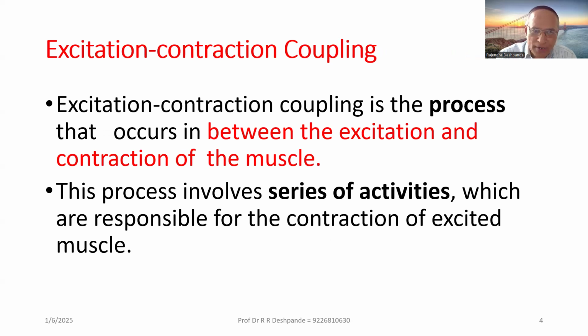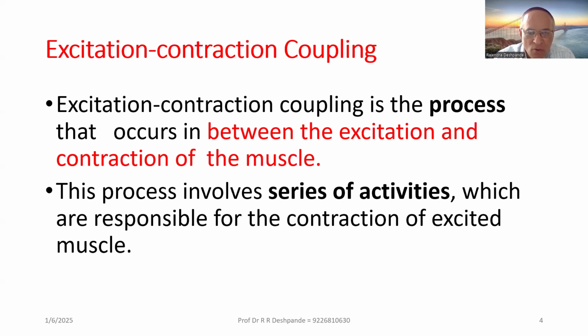Now, first point, excitation-contraction coupling. A couple is a pair. So there are 2 things together: one is excitation and the second is contraction. Excitation-contraction coupling is the process which occurs in between the excitation and contraction of the muscle.